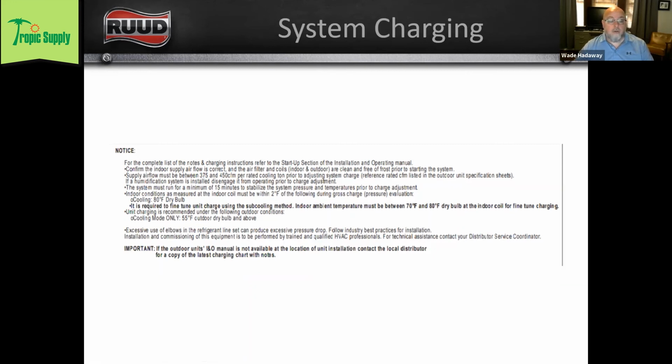If it's not between 78 and 82 degrees, you're not going to be able to really dial this gross charge in at all. If the system hasn't been running, or it's a change out and it's 92, 95, 98 degrees inside, you're going to have to let the system run for a little while before you even mess with the charge.